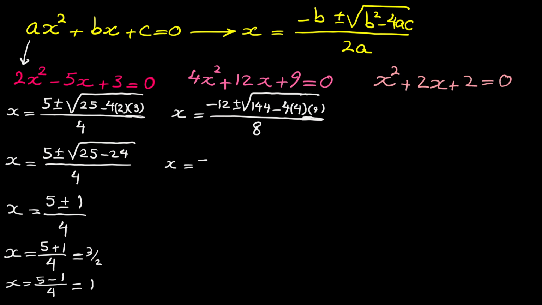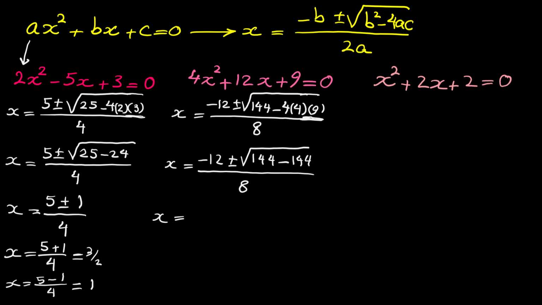From here, x is negative 12 plus or minus the radical of 144 minus 4 times 4, which is 16. 16 times 9 is 144. So here we have 144 minus 144 inside the radical, which is 0.